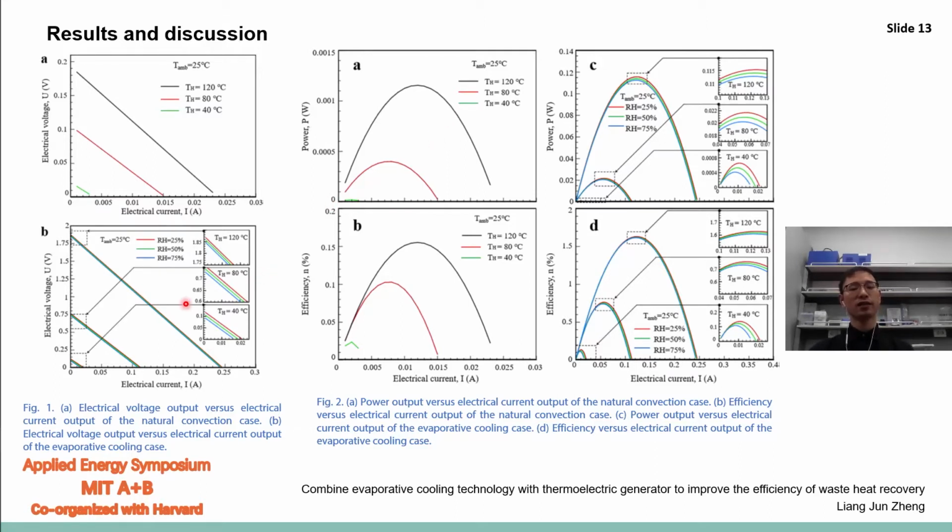And in the evaporative cooling case, changing the relative humidity has negligible effects on the output performance. So we can see the hot side temperature can effectively affect the performance of the TEG. However, the relative humidity has negligible effects on the performance of the TEG.